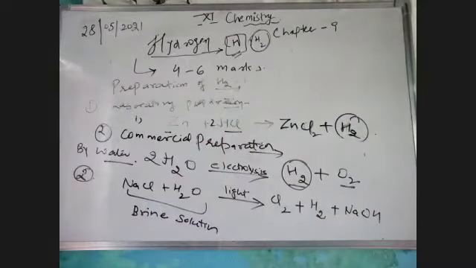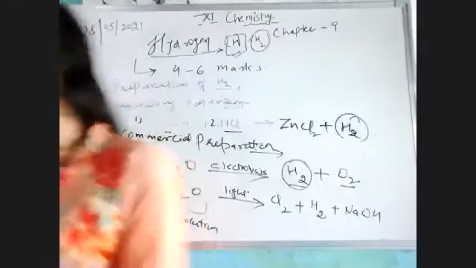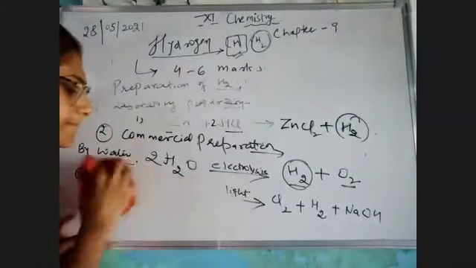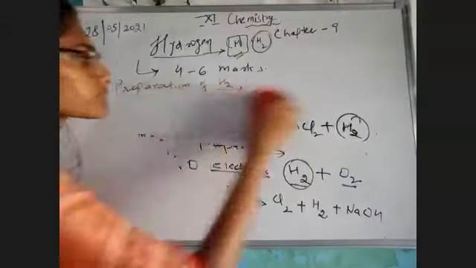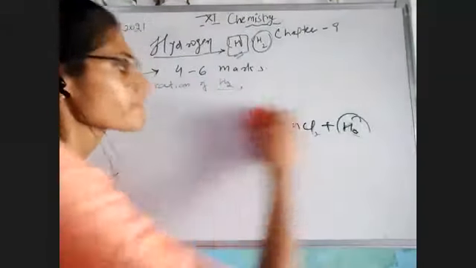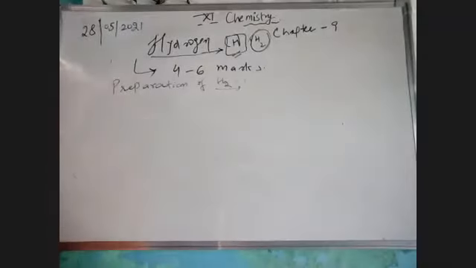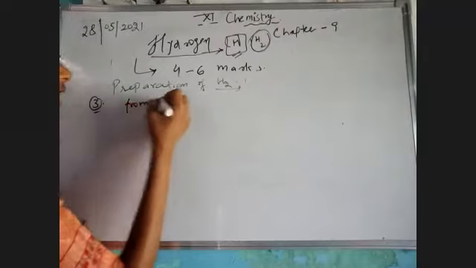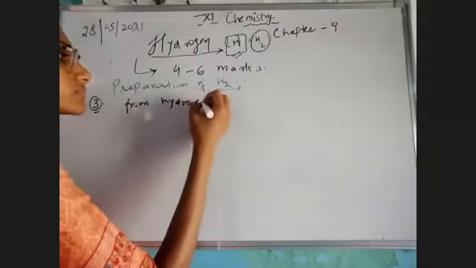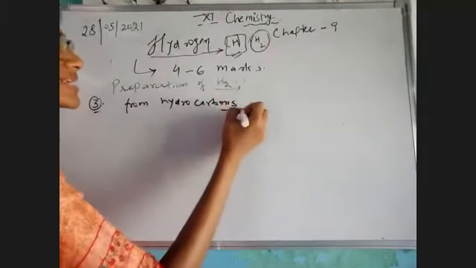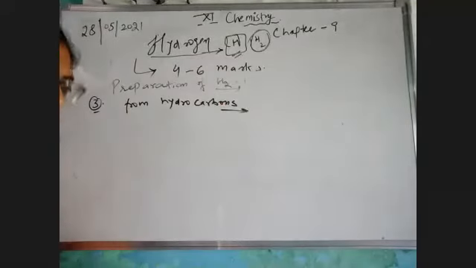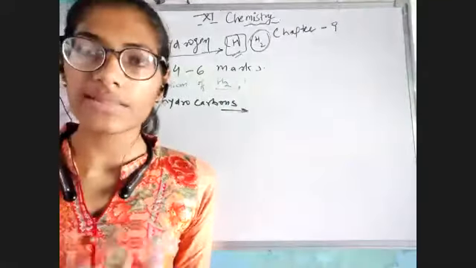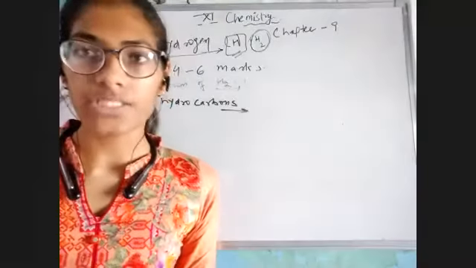Okay, let's have 1, 2 more reactions. And lastly, we have the third preparation of dihydrogen from hydrocarbons. Hydrocarbon is a very new word for you, and you will study the same topic in the higher chapters.